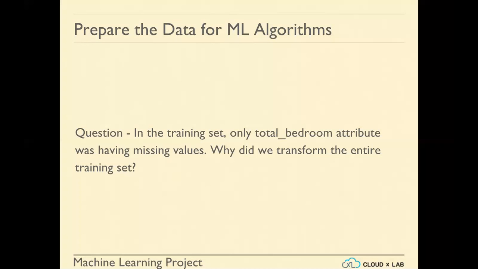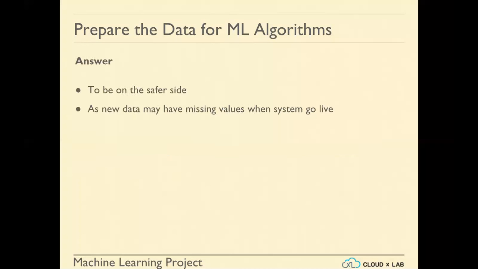We did the transformation of the entire data set because tomorrow, whatever data comes to us could also have missing values. Right now in this data set we don't have them, but in production we might. So instead of filling missing values per column, we are filling the entire data frame.